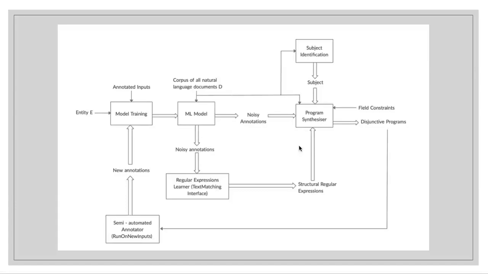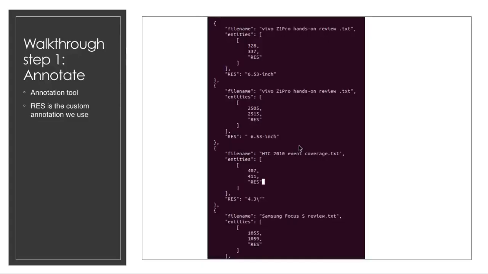These programs are sent to a semi-automated annotator, which runs these programs on all the documents that exist in the corpus to generate these entities. And these are again fed to the ML model to improve its performance. And this is done iteratively so as to reach a point where both the ML model and the synthesizer are in harmony.